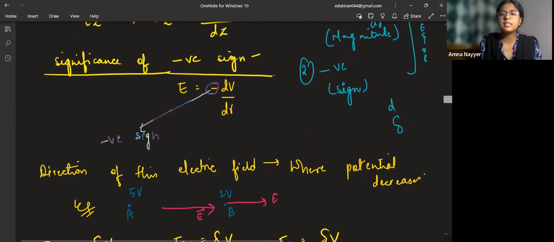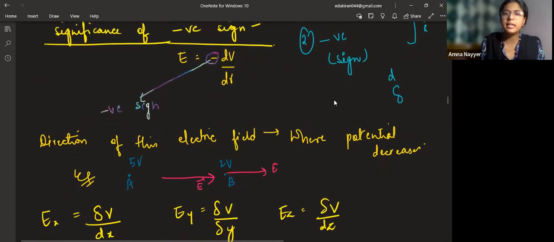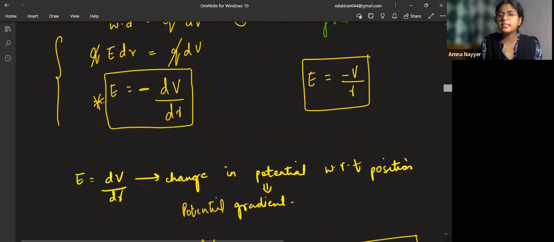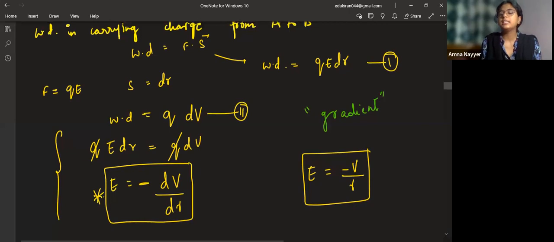Now, some questions. Ma'am, can you once again explain how the electric field is proportional to the potential gradient? You can see this by the derivation. Work done is equal to force into displacement.